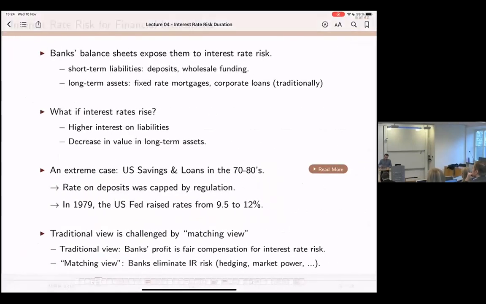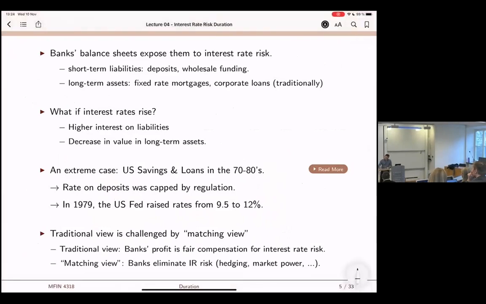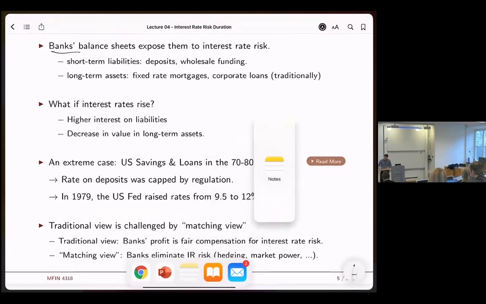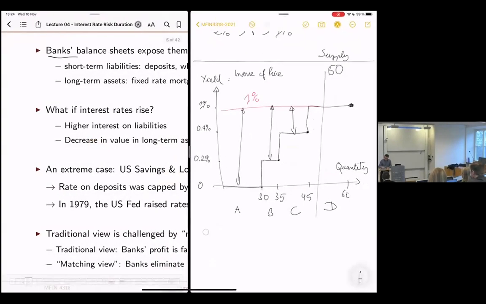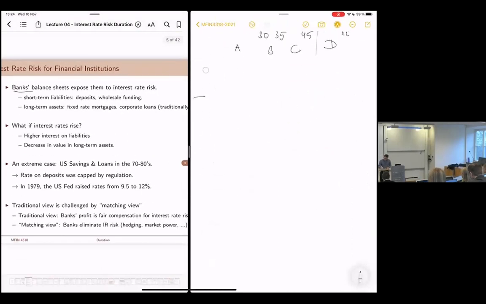Now, just to give you another motivation, it's not just that I'm taking a bond and the price of this bond will fluctuate. Interest rate risk is a main source of risk for many financial institutions. Suppose you're a bank. We're going to think about a very simplified balance sheet for the bank. Hopefully the bank has some equity.